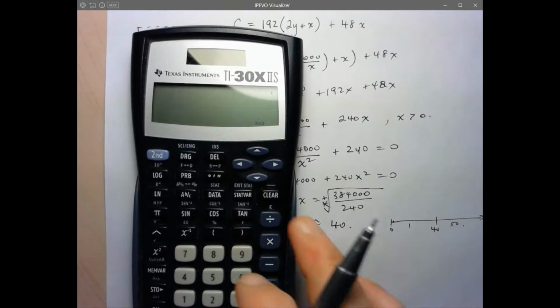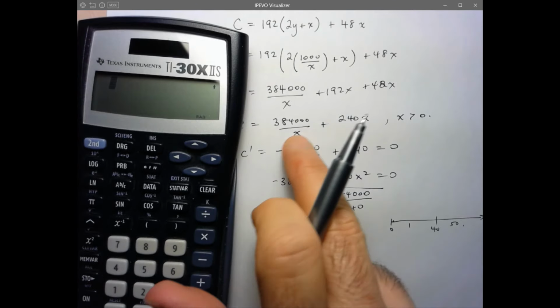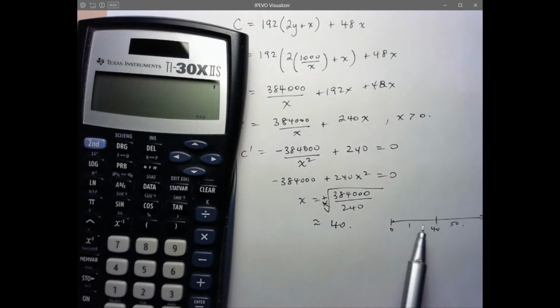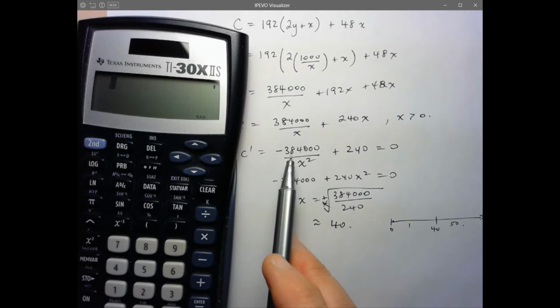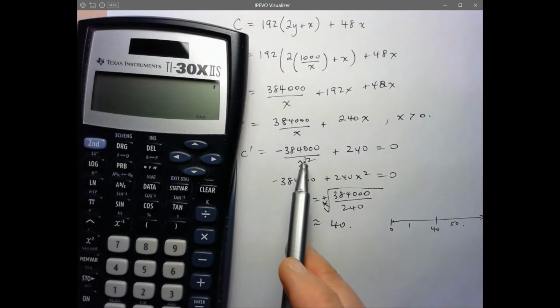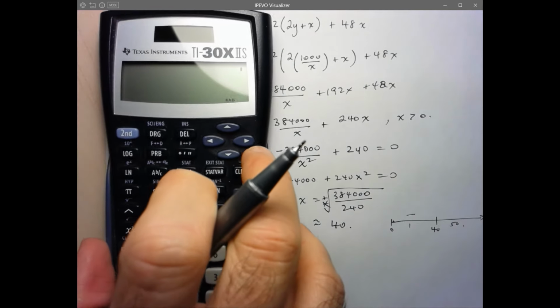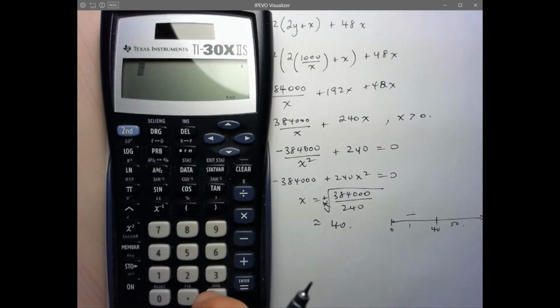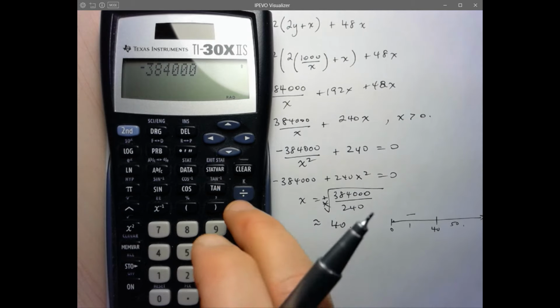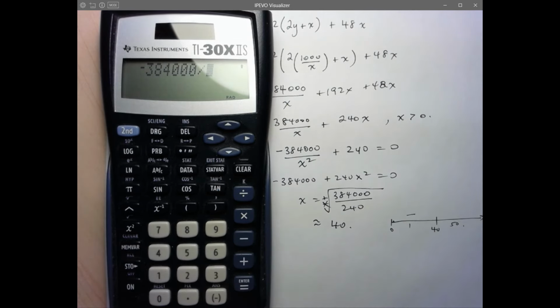If I look at the derivative here, if x is equal to 1, I have negative 384,000 plus 240, definitely negative. Then let's stick in 50 here: negative 384,000 divided by 50 squared, and then plus 240. And I get a positive value there.